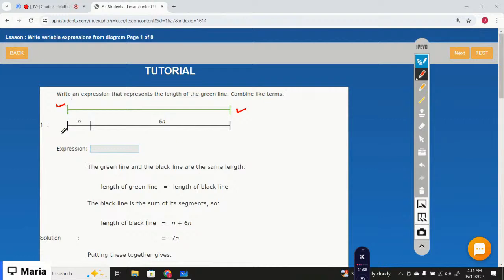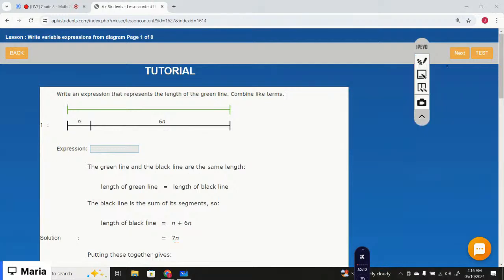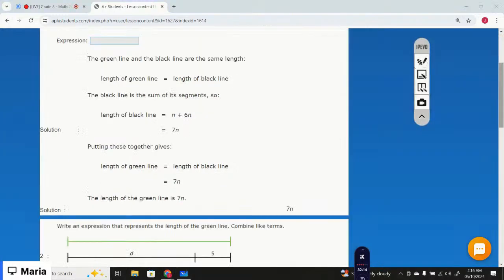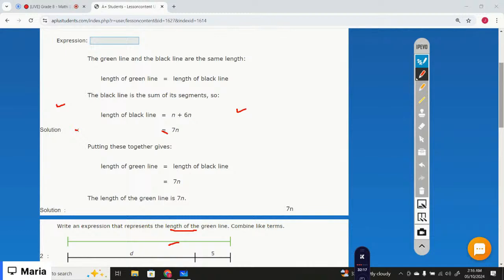The length of the green line and black line is exactly equal. The length of the black line is n plus 6n, right? When you add them, they make 7n. So that means the length of the green line is 7n.